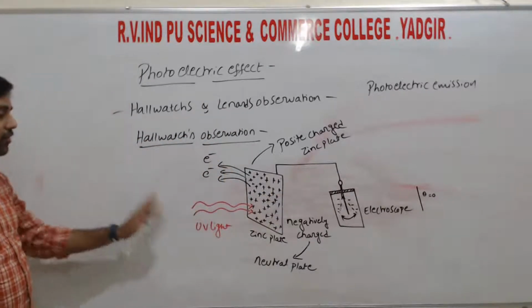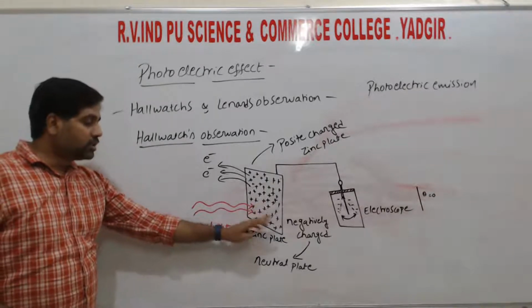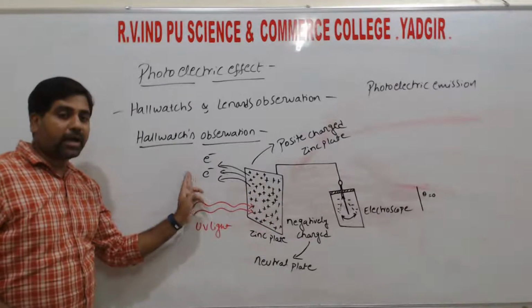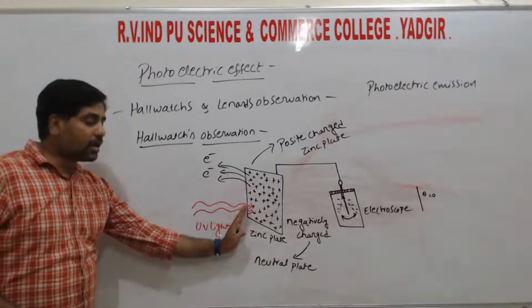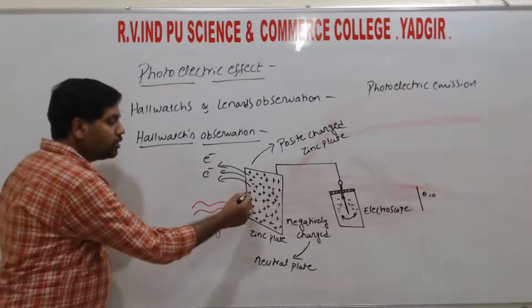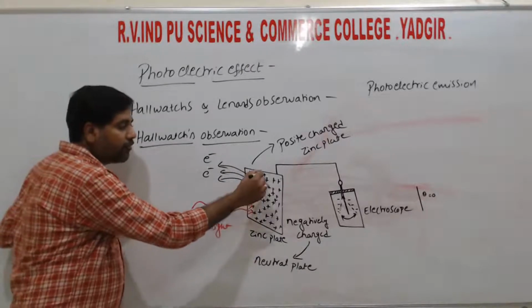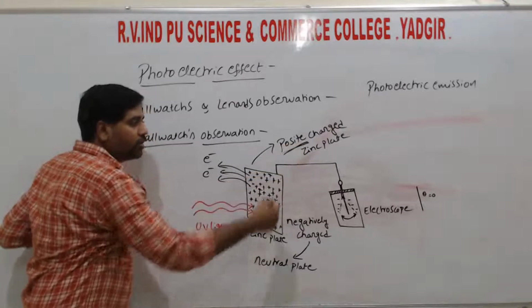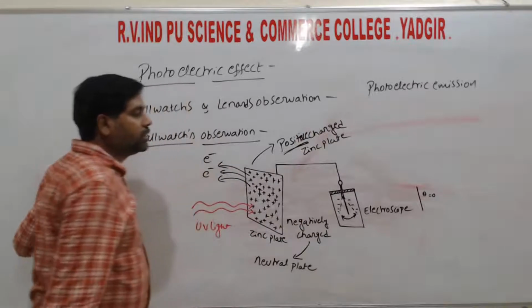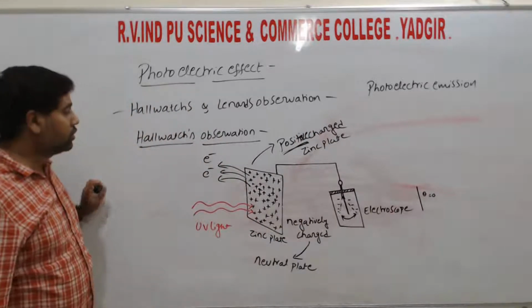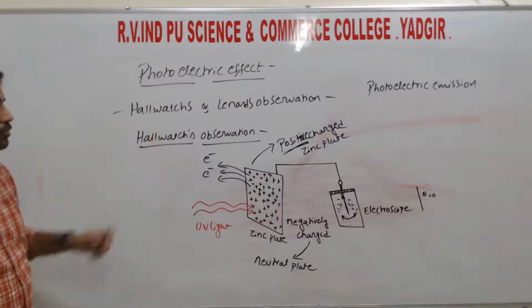Here also, when ultraviolet light falls onto the negatively charged zinc plate, the electrons are emitted and it becomes neutral. After further incidence of the ultraviolet light, more electrons are emitted from this zinc plate, and finally the zinc plate becomes a positively charged zinc plate. This is the observation made by Hallwachs.